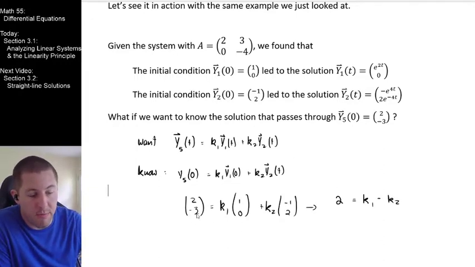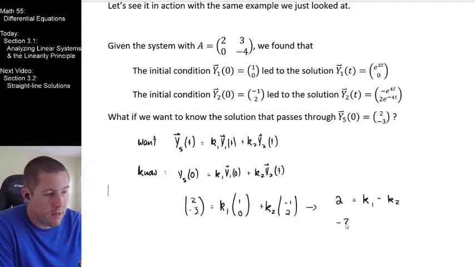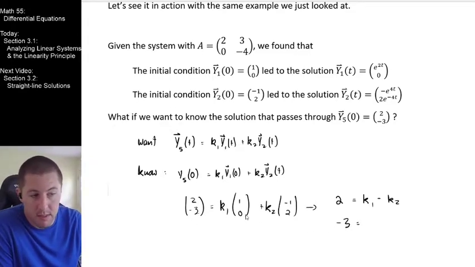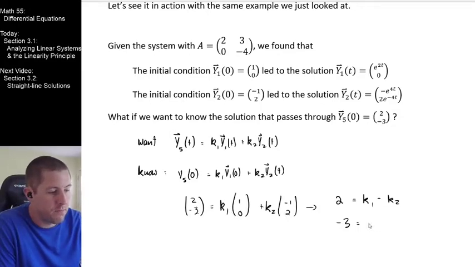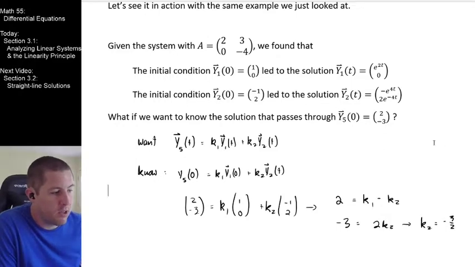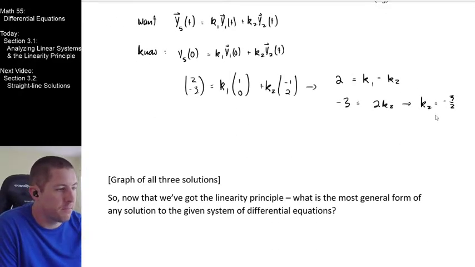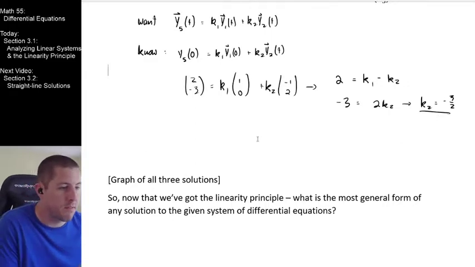The other equation that we've built here is negative 3 is equal to 0 copies of K1 and 2 copies of K2. So right away, I can make the statement here that K2 is going to be negative 3 halves.